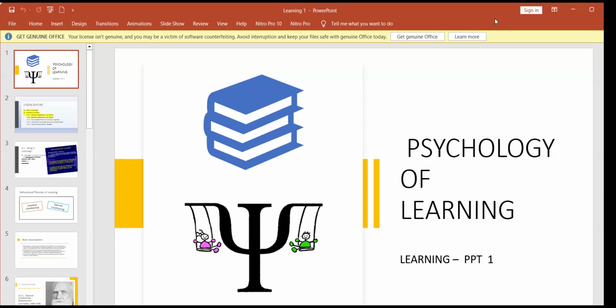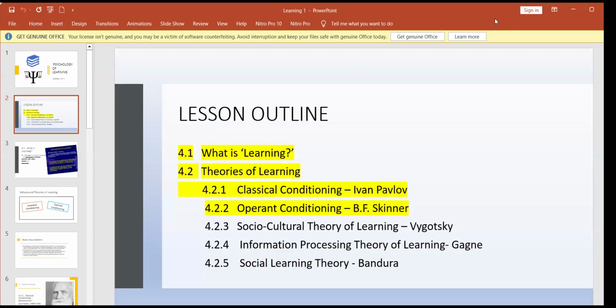Under learning, we are going to look at this. First, we are looking at what is learning. Then we have theories of learning. These theories discuss how learning happens, focusing on different aspects of learning.